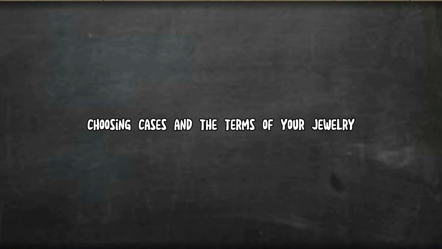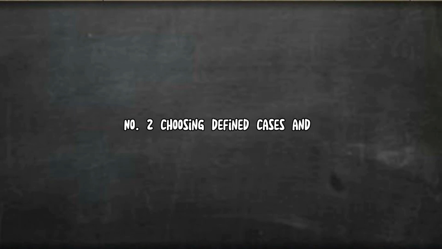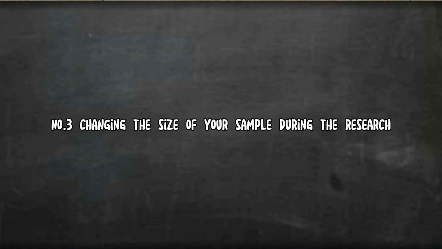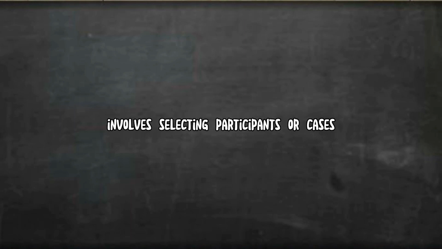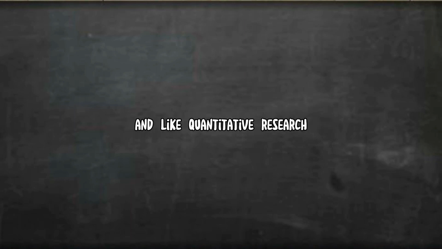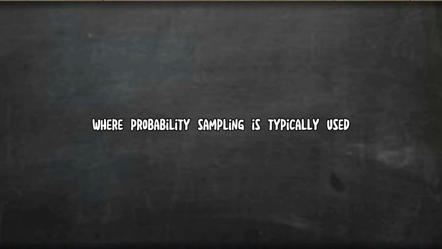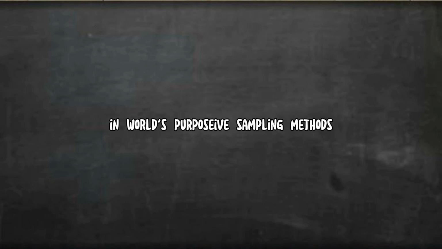Number 1, choosing cases in terms of your theory. Number 2, choosing defined cases. And number 3, changing the size of your sample during the research. Sampling in qualitative research involves selecting participants or cases to include in the study, unlike quantitative research where probability sampling is typically used. Qualitative research commonly involves purposive sampling methods.